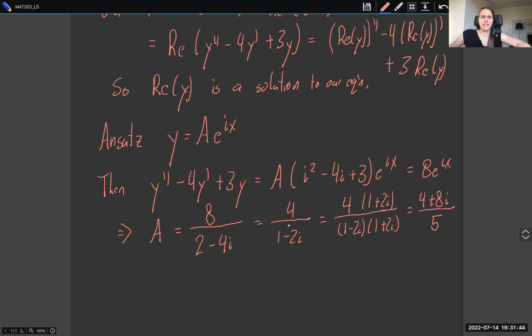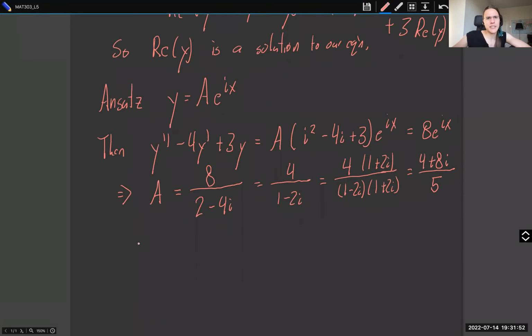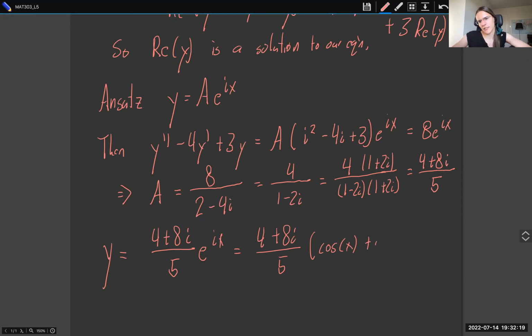So now we've turned this number, which has a complex thing in the denominator, into a standard complex number, which we can reason with. And so what happens is that y is equal to 4 plus 8i over 5 times e to the ix. But this function has both a real and an imaginary part. And so we can write this as 4 plus 8i over 5 times cos x plus i sine x.